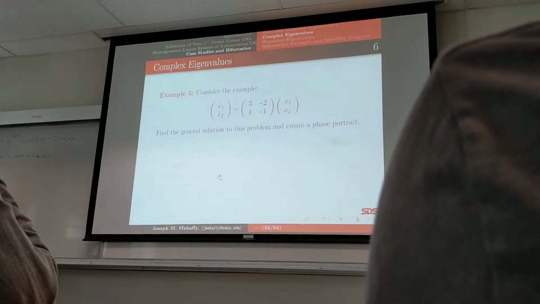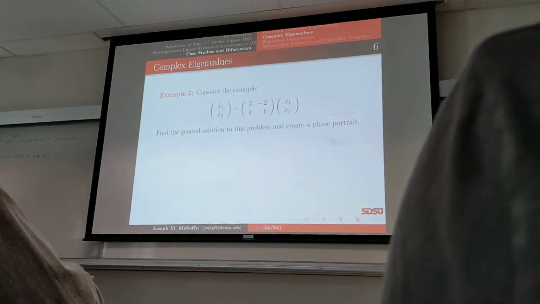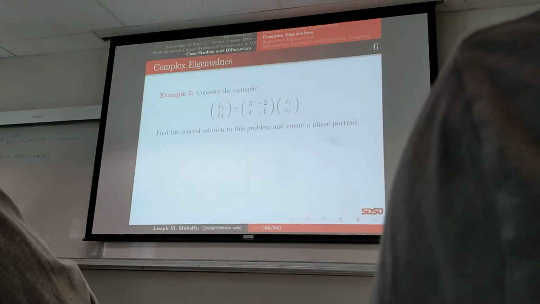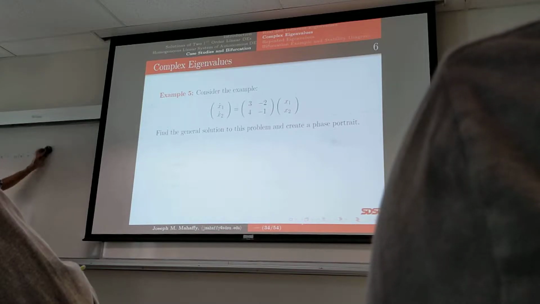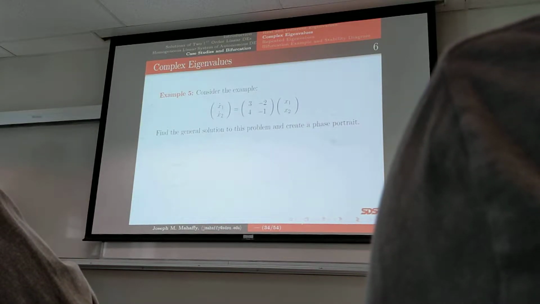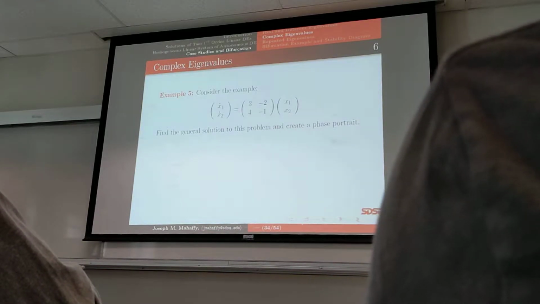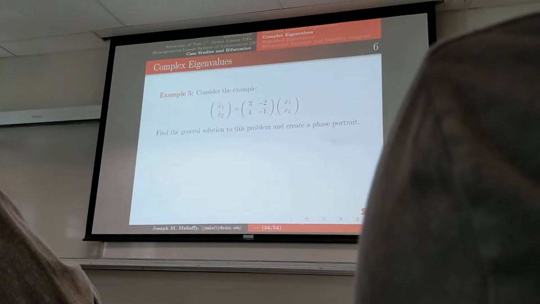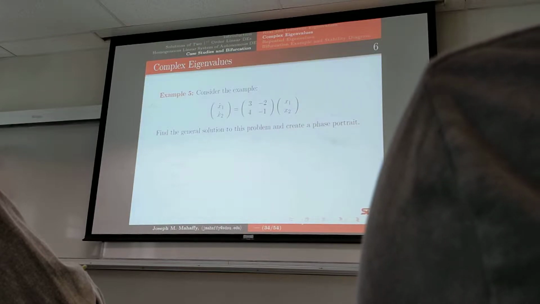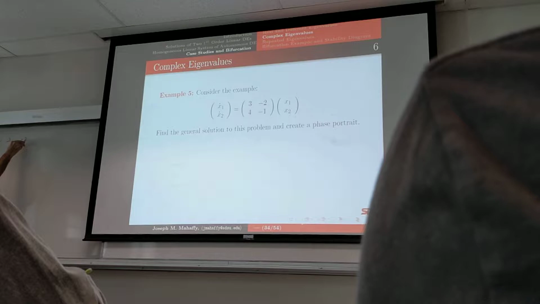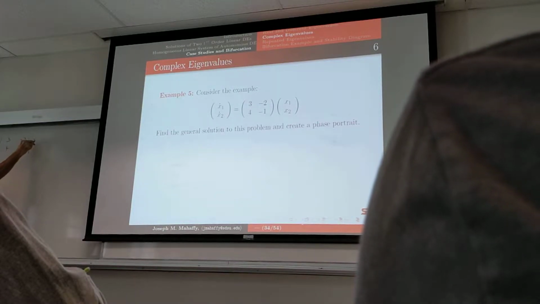Let's work an example. What's the nuts and bolts of doing this? Okay, I'll just erase this. So, I'll go ahead and put it up here. x1 dot, x2 dot is equal to the matrix 3, minus 2, 4, minus 1, times x1, x2.